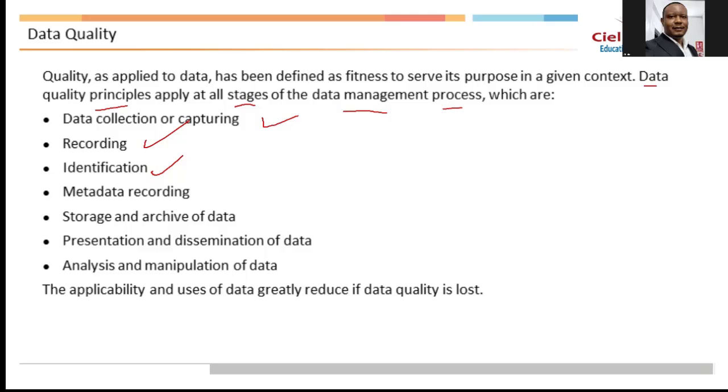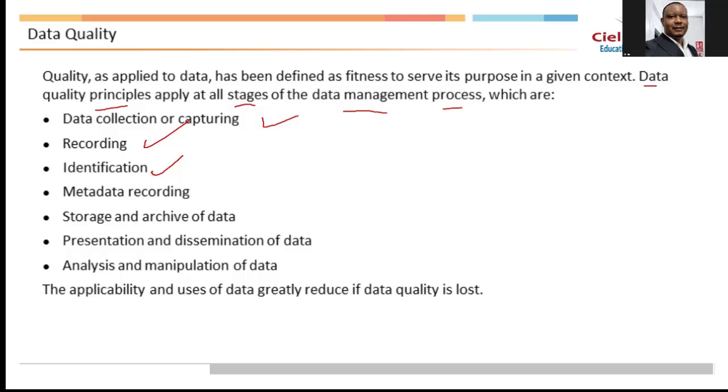That's why your account number is unique and just for you alone, so that once we enter it, it brings out only you and only your detail. Imagine if we had a situation where we enter your account number and it's showing about 10 different people or 10 different names. So that's why we should ensure quality of identification, ensuring that you have unique identifiable information, and the data is uniquely identifiable.